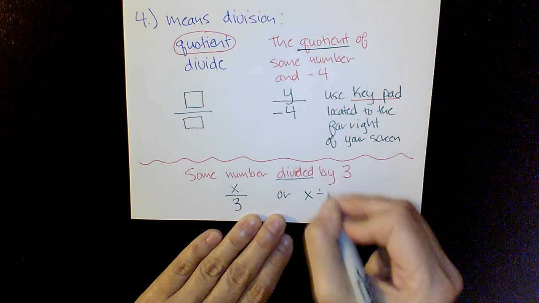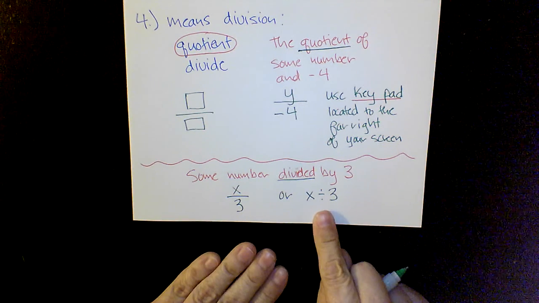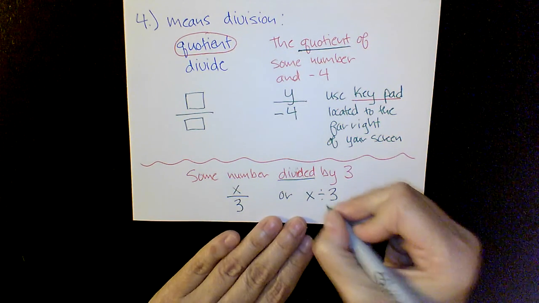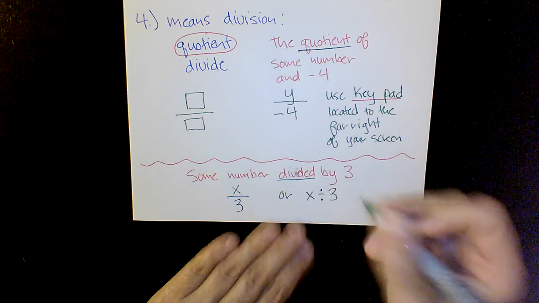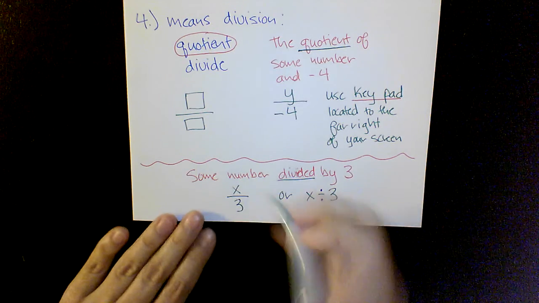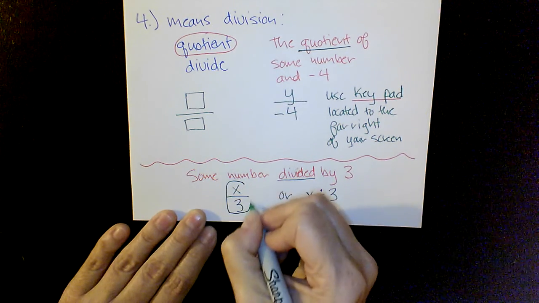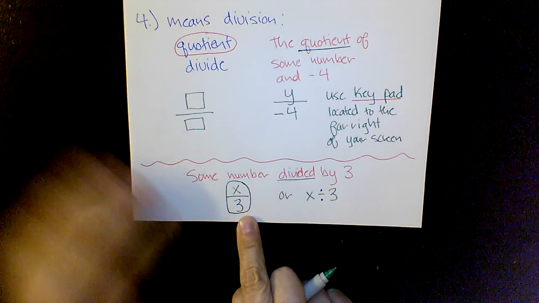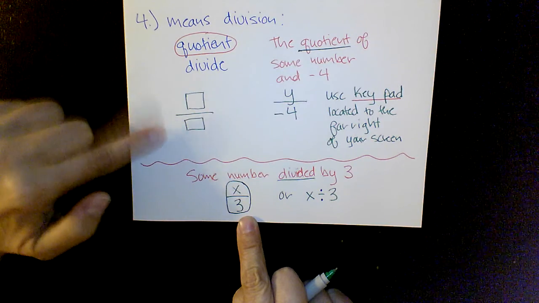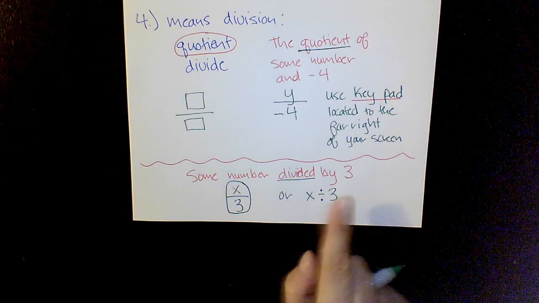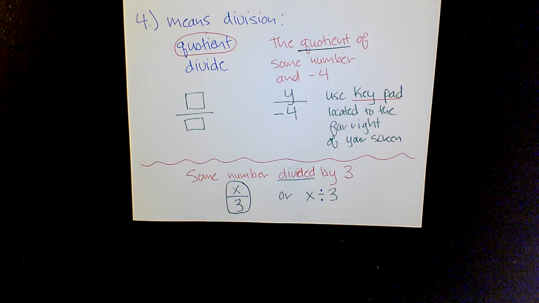You could also do X divided by 3, and I would take that on a test or a quiz. But this is more what Hawks wants, the division symbol in the middle of it, looking like a fraction. So again, you can use your keypad to help you out with that.